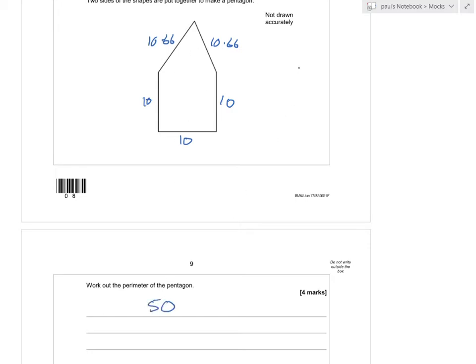And I've got the 0.66 to add. Add them together: 51.32. How weird. I wonder why that didn't work out as a whole number.